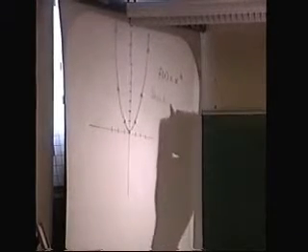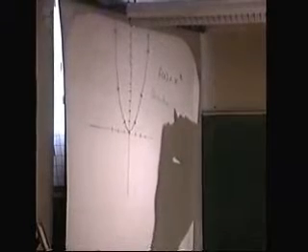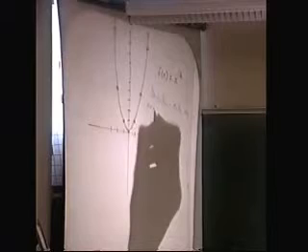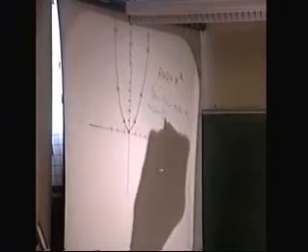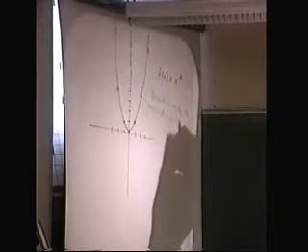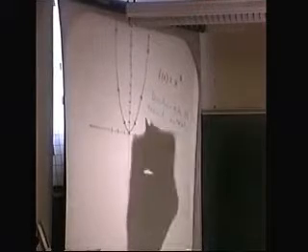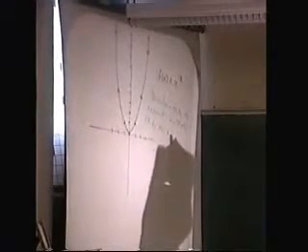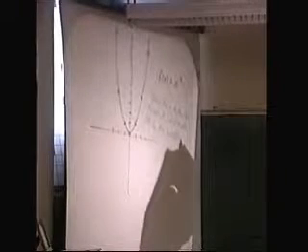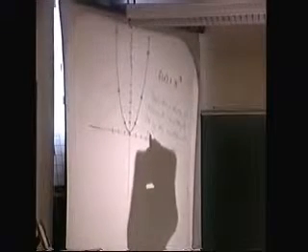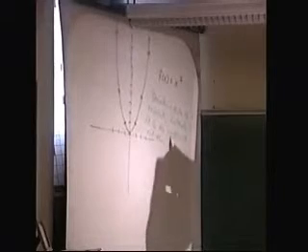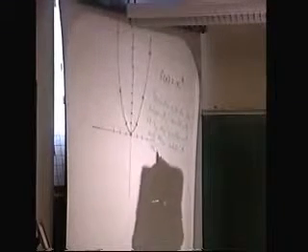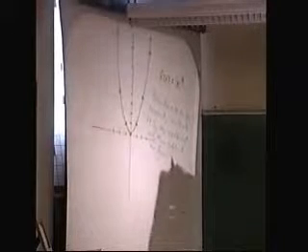The shortcut for the derivative is: take the exponent, multiply it by the coefficient, and then subtract 1 from the exponent.